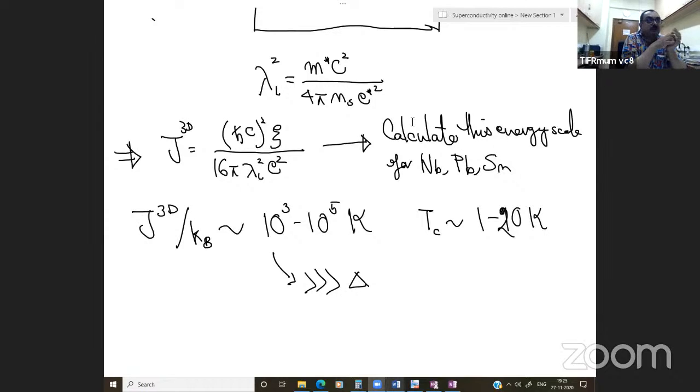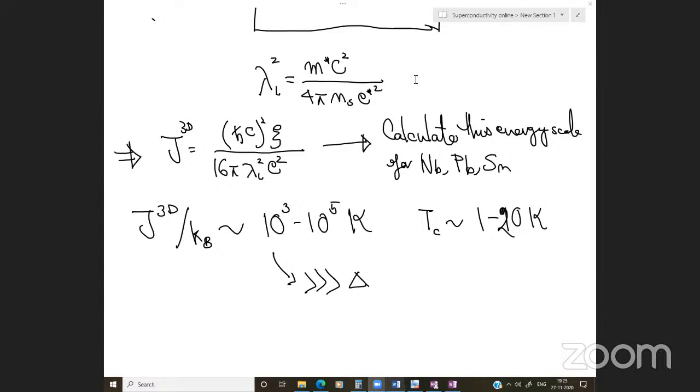Are you there? Can you hear? So maybe if the sample is dirty, there will be scattering. So coherence length will be small. So that means after that length scale, the phase coherence will be lost.